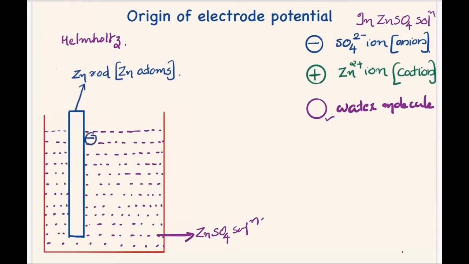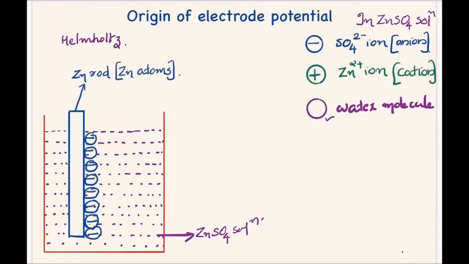So I am drawing the adsorption of anions, that is sulfate ions, on the surface of the zinc rod. Be careful, these ions are not reacting with the zinc rod, just absorbed.